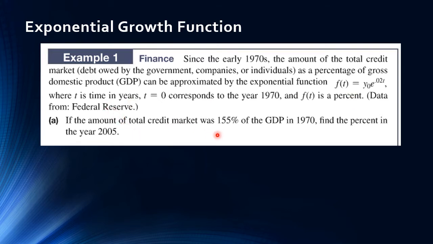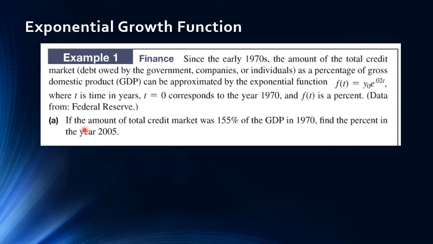If the amount of total credit was 155% of the gross domestic product, GDP, in 1970, find the percent in the year 2005, okay? So we have the exponential function, but we're not given the initial population, y sub 0.